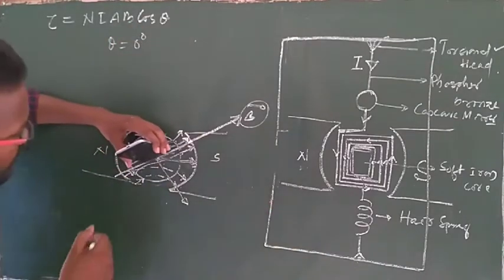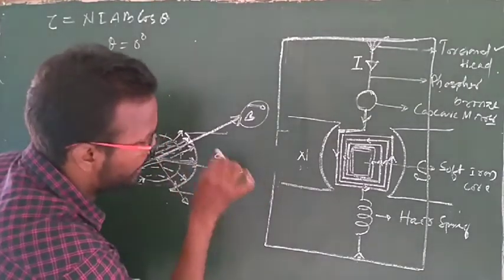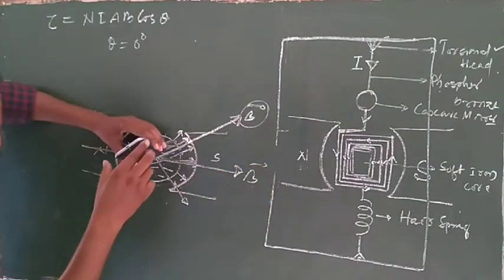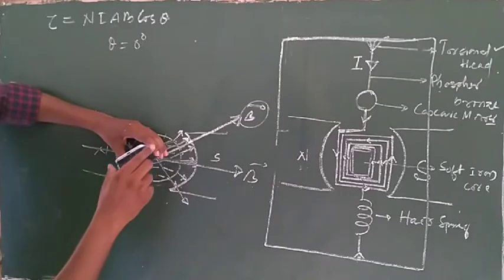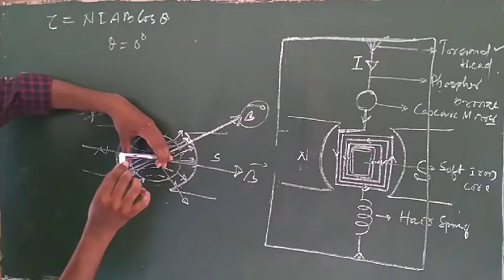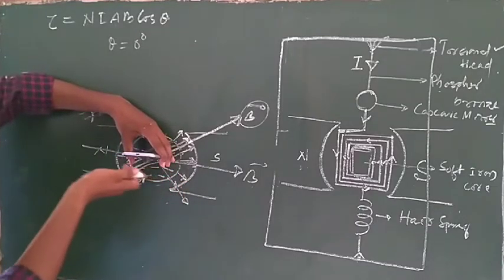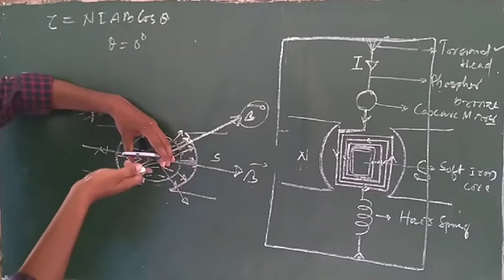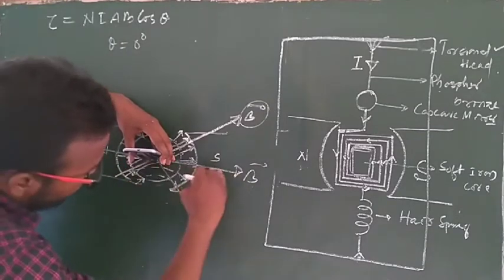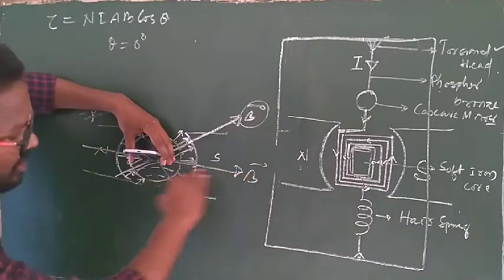Clear? Okay. We can take another example. Suppose this is also a direction of magnetic field due to radial. This is the direction of magnetic field B. Then if the coil turns like this, and this is the turn over a soft iron core and this is the plane of the current carrying loop, here the plane of the loop and the magnetic field are along the same line.